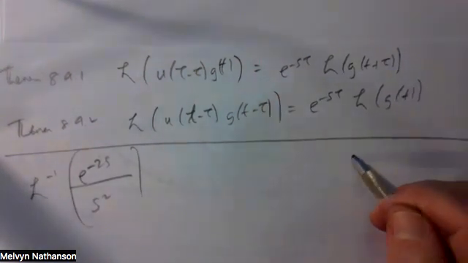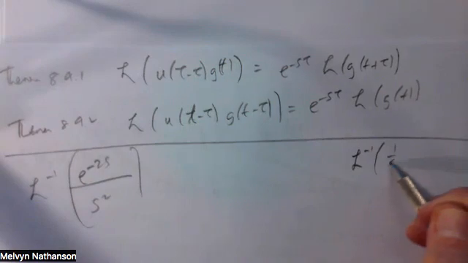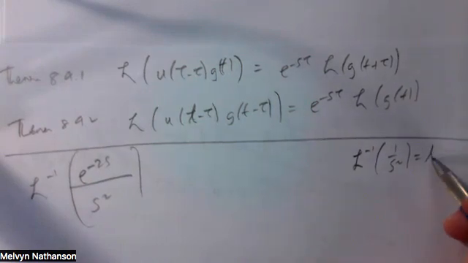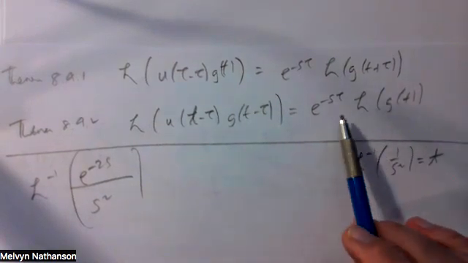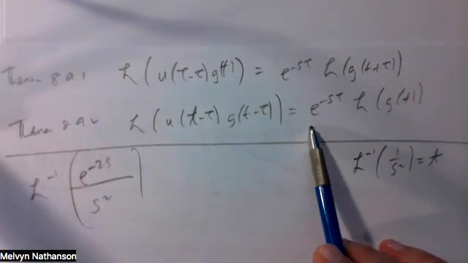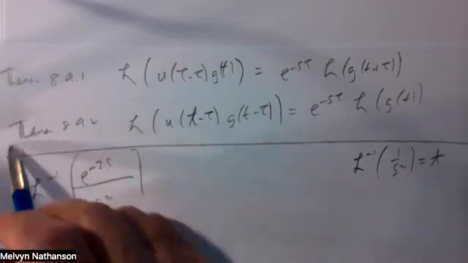Now we know the inverse Laplace transform of 1 over s squared is t. And we have this formula.